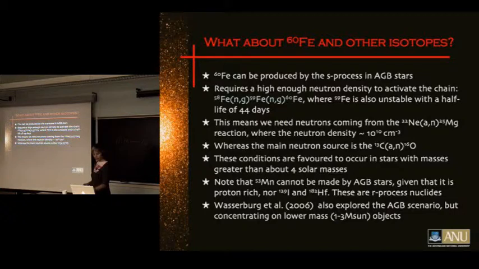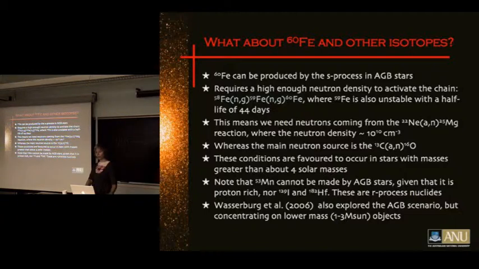We don't think that has neutron densities that high, more like 10 to the 7, 10 to the 8 per cubic centimetre. So we don't think these could make neutrons to overcome this branching point. The neon-22 alpha N reaction is efficiently activated in stars with initial masses over 4 solar masses. So that's also why we're looking at the more massive AGBs.